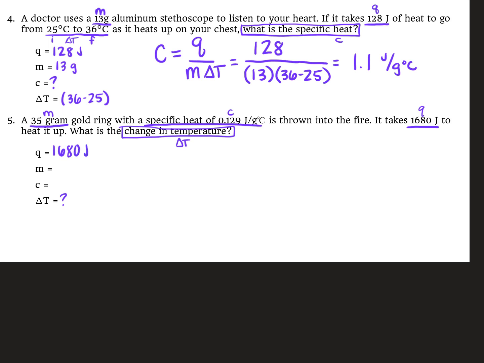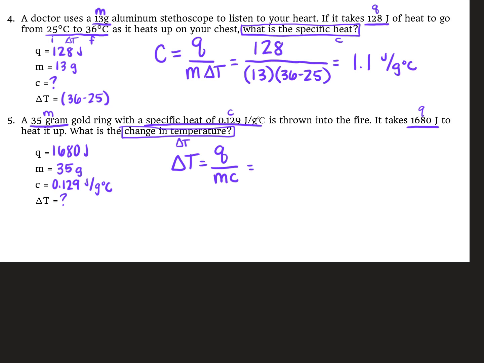Our mass was 35 grams. And our specific heat is 0.129 J/grams degrees C. Because we want to find delta T, we will use Q divided by M times C.